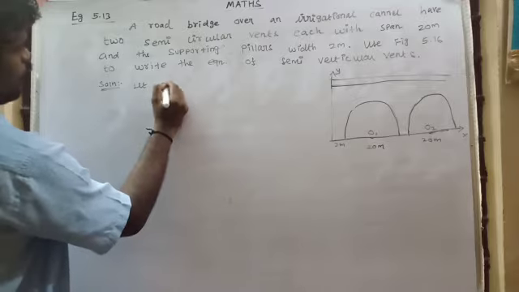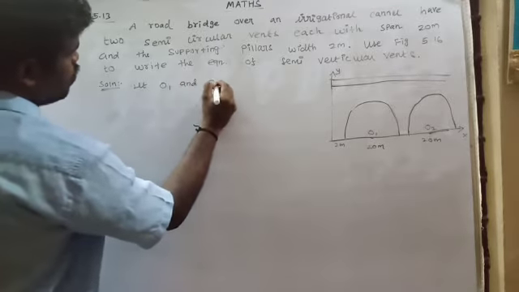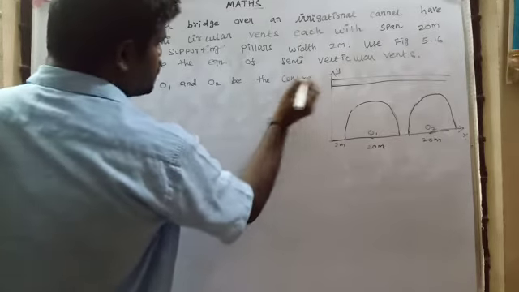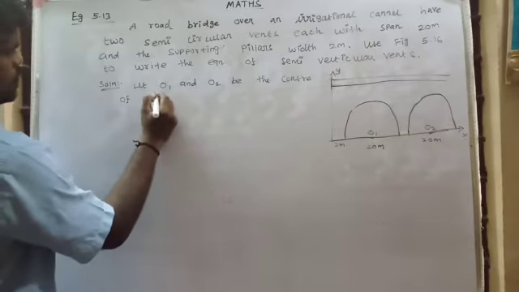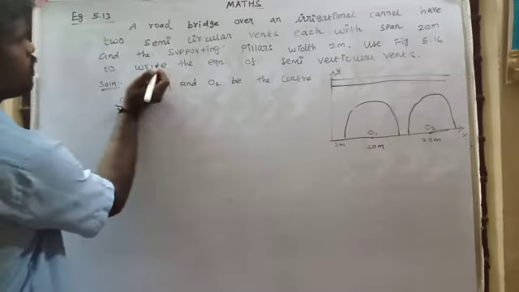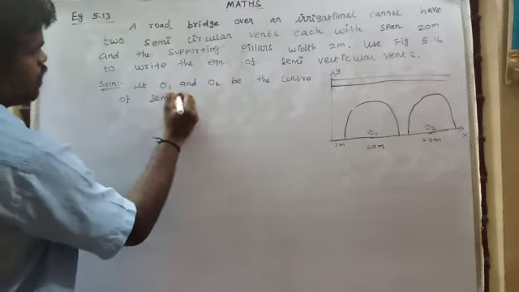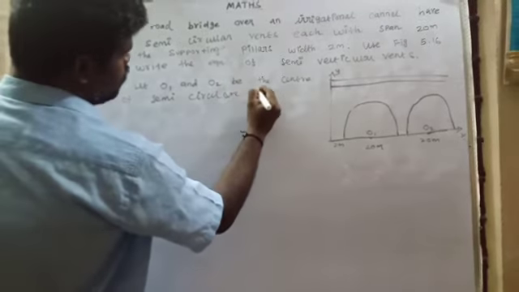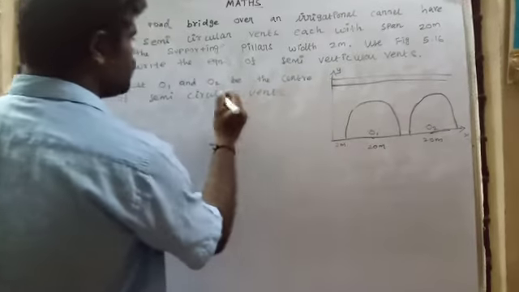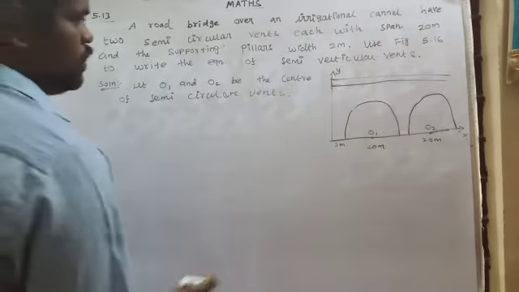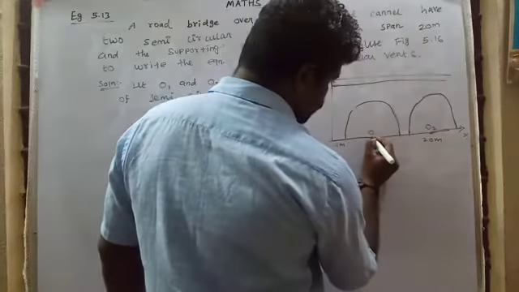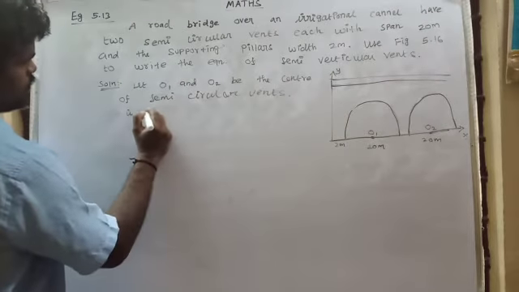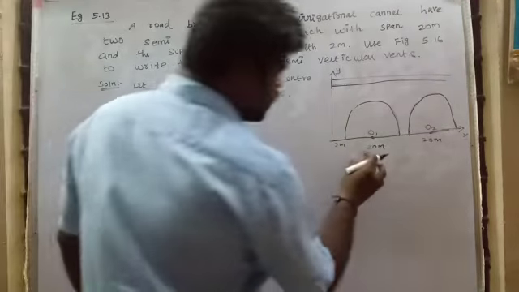Let O1 and O2 be the centers of the semicircular vents. We want to find the point O1.